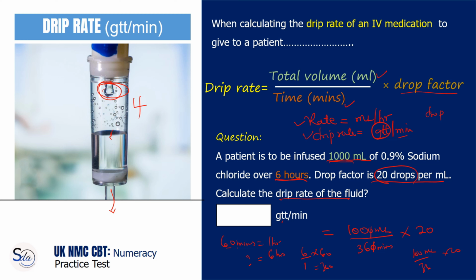Let's punch that into the calculator, and then let's see what we're getting. 100 divided by 36 times 20. So we're getting 5.555. So the answer I'm getting here is 5.555. So this happens to be the answer we're getting.